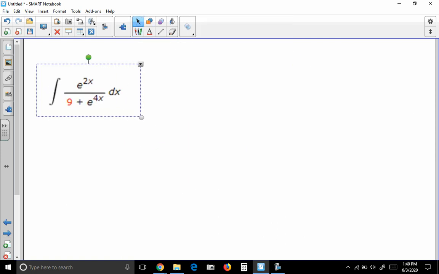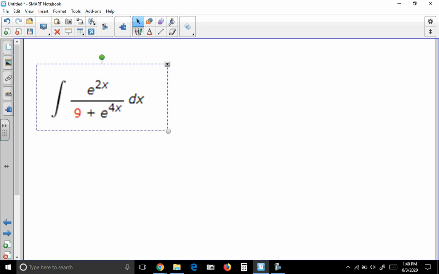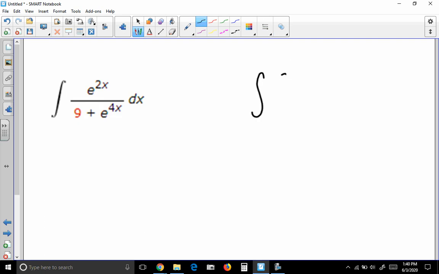So this one, notice this one doesn't have a square root on bottom. So let's see if we can make this du over a squared plus u squared. So if we can, this would be a squared, and this would be u squared. So if a squared is 9, a would be 3.